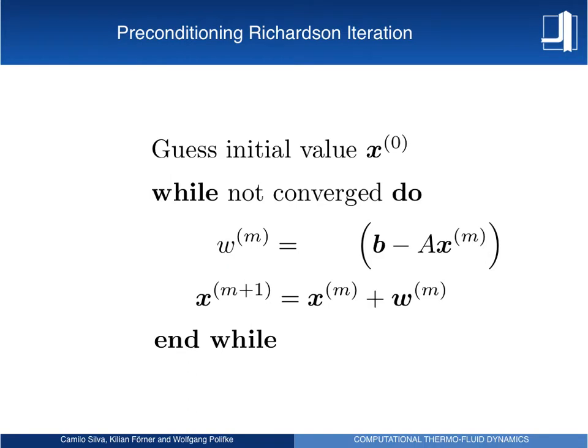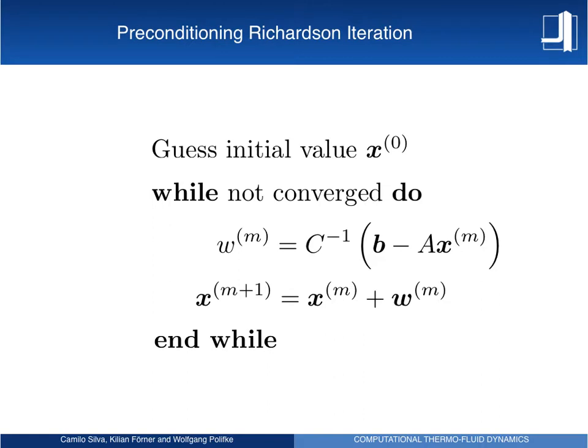If you do this, maybe things work if the matrix A itself is well preconditioned, but most of the time it's not. So we just add now the preconditioning matrix in this step.